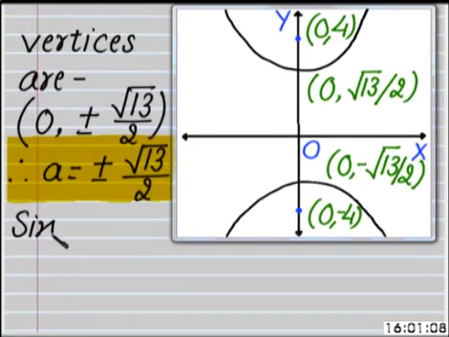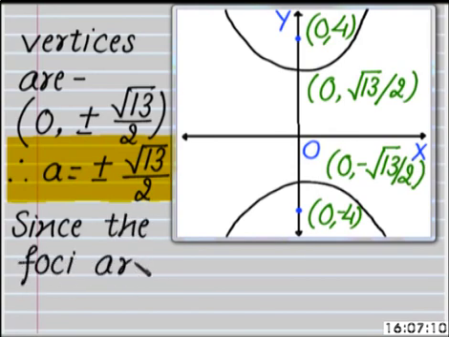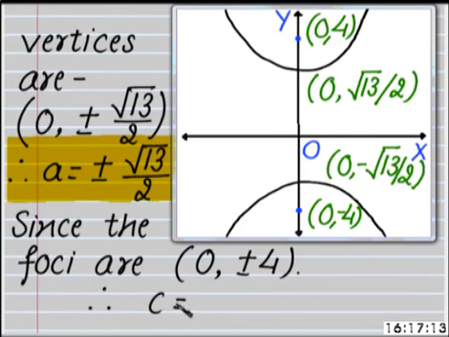Since the foci are 0 plus minus 4, therefore c is equal to 4.